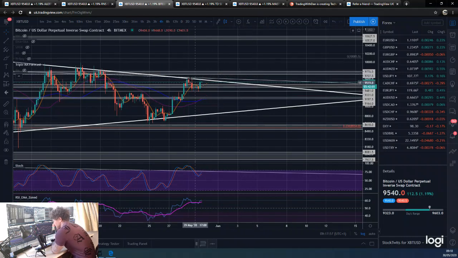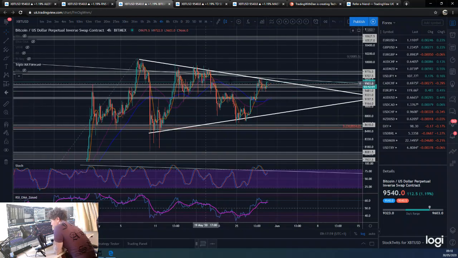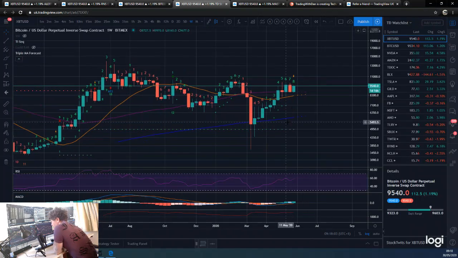We've got to see what happens overall here. The TD sequential again is going to print a weekly 9 next week, and you can clearly see the flag formation here. So we could very easily get an extended 9 candle up to, I draw up to here, that's like 15k, but this candle could explode. Just look how big this candle is, and we do get big candles.